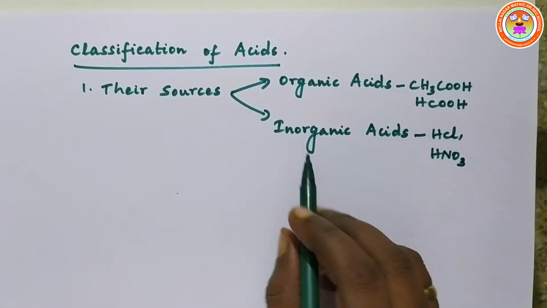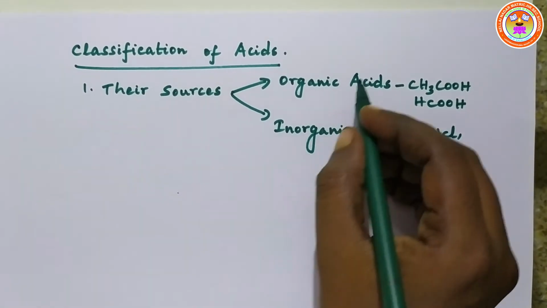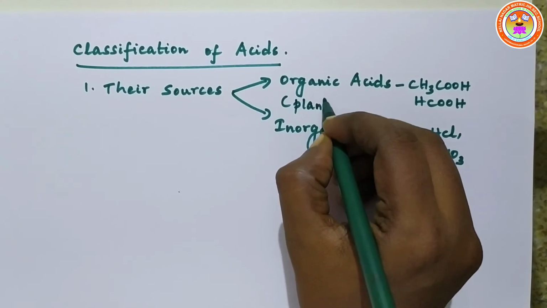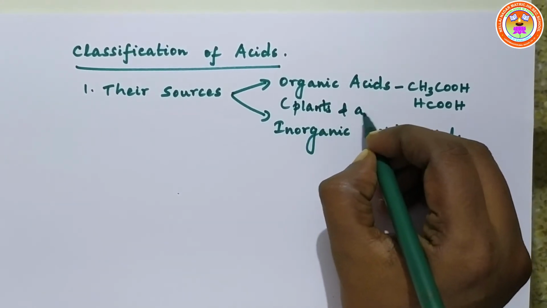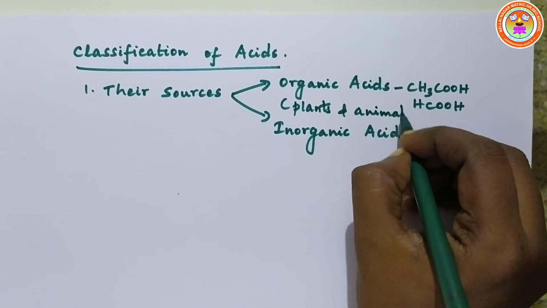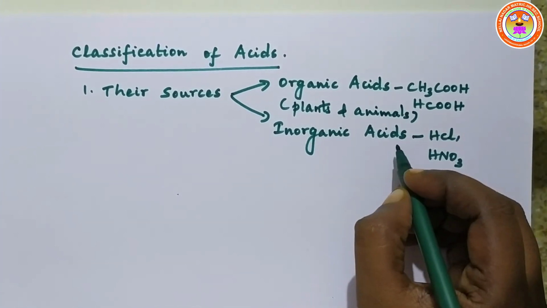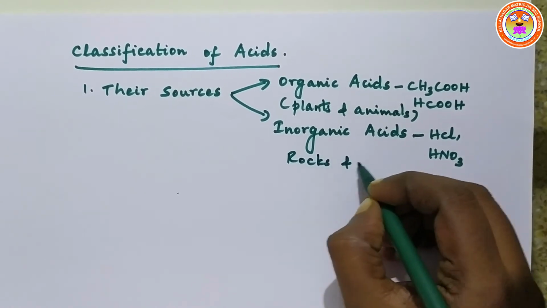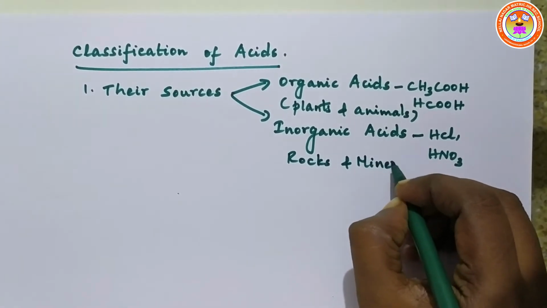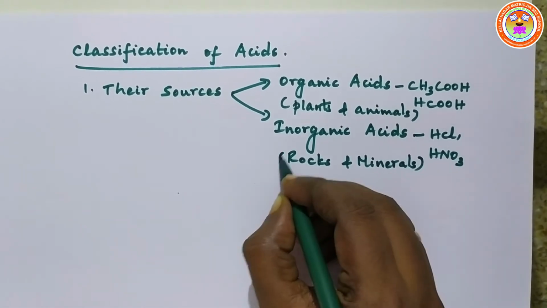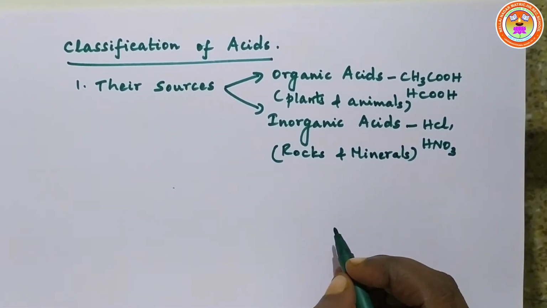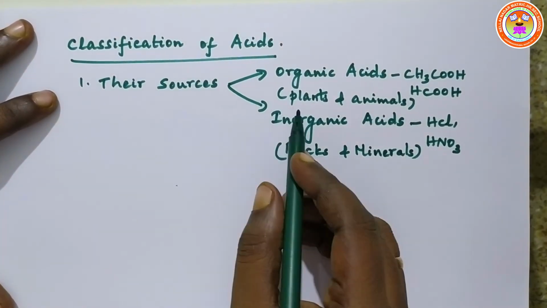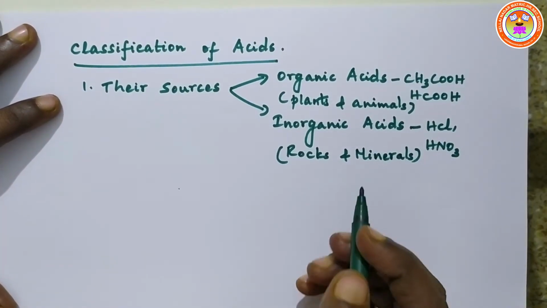Organic acids are obtained from plants and animals, whereas inorganic acids are obtained from rocks and minerals, and that's why inorganic acids are also called mineral acids. Okay children, so this is the classification of acids on the basis of their sources.